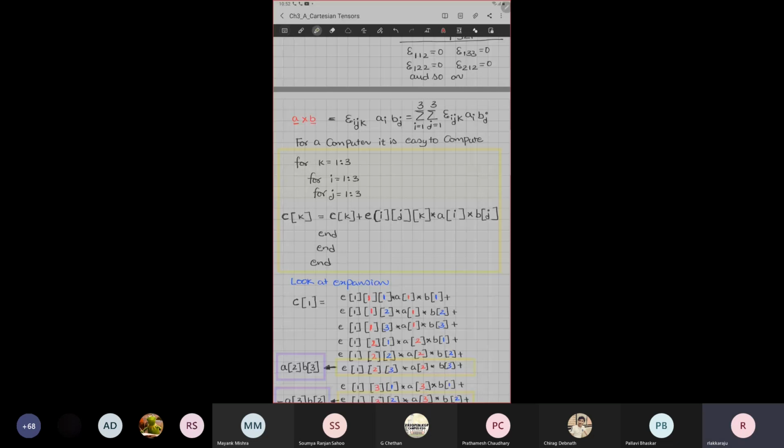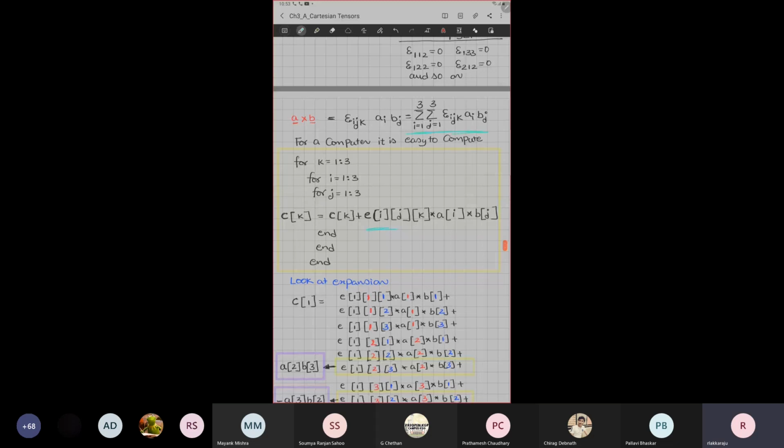So epsilon, we are representing as E(i,j,k) star a_i b_j, which is more like this one. Can you see the cyan color highlighted portion? Double summation, i equal to 1, 2, 3, j equal to 1, 2, 3, epsilon ijk a_i b_j is written as epsilon ijk a_i b_j.